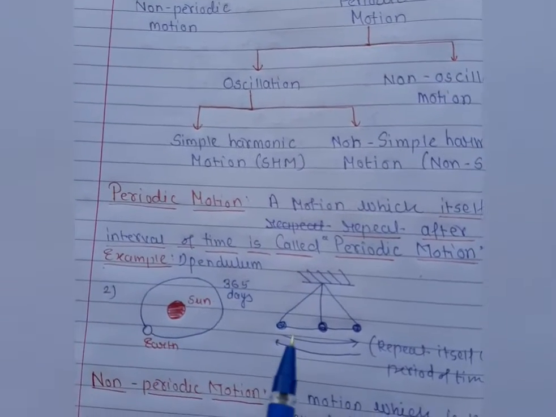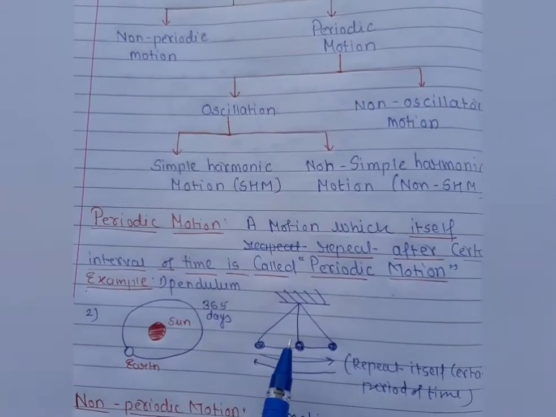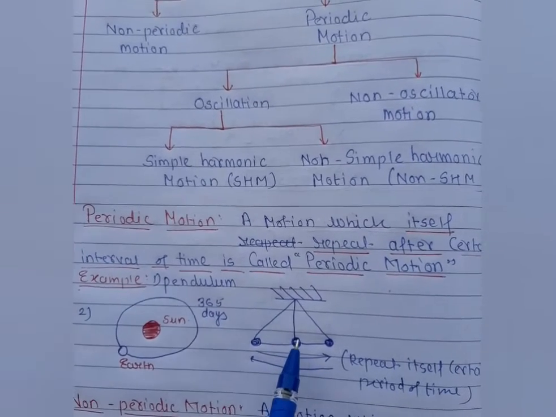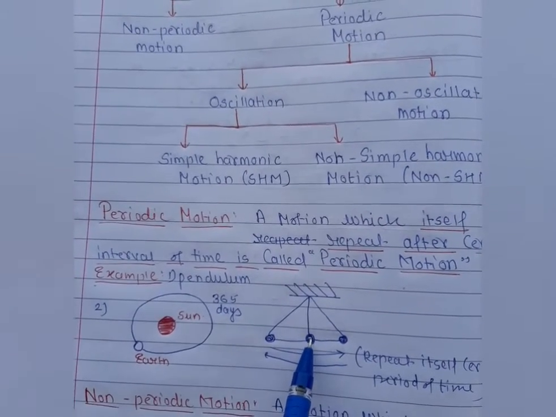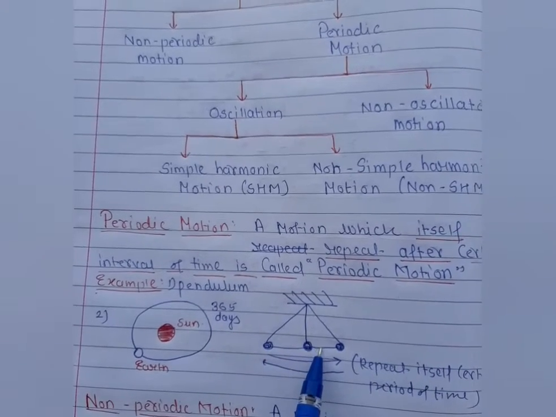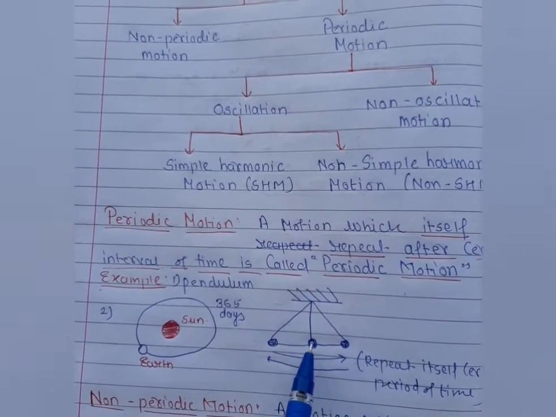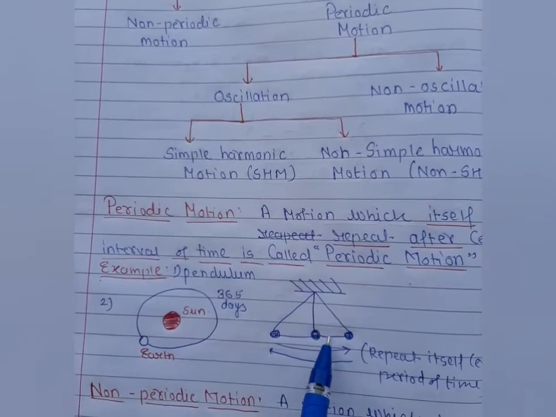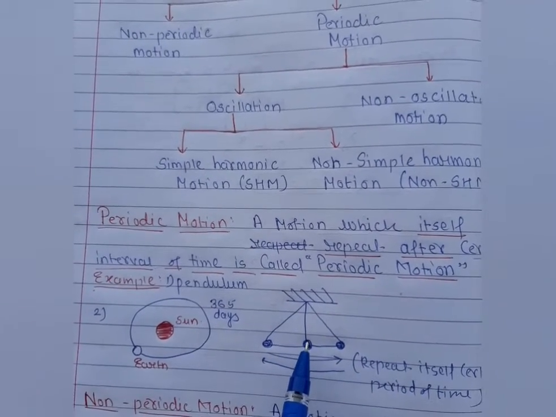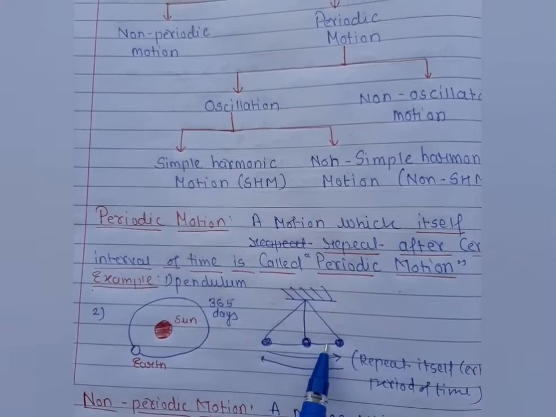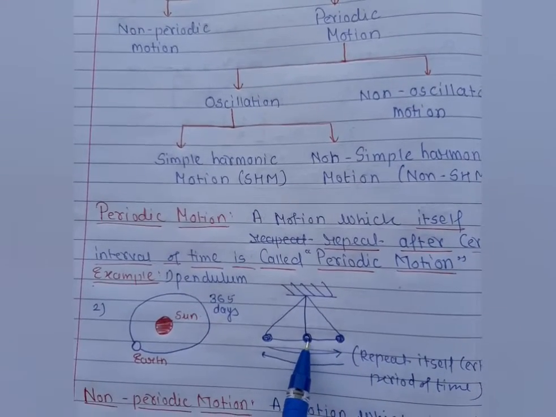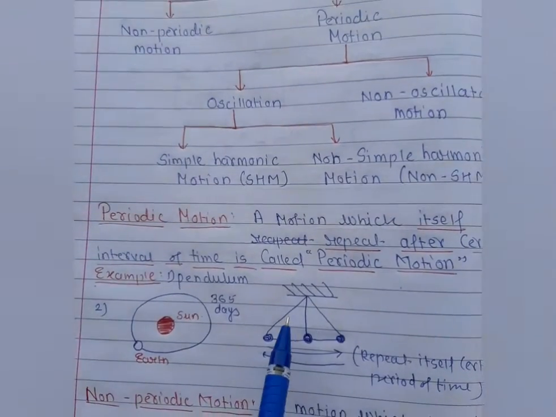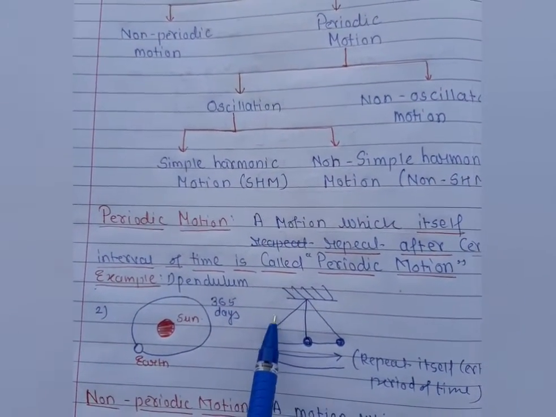So here you can see, students, suppose this pendulum is initially at rest. When you apply force here, what happens? The motion starts with to and fro motion. It means this bob shows to and fro motion. This bob initially moves in this direction and then moves here. Suppose we consider this position 2 and this position 4.